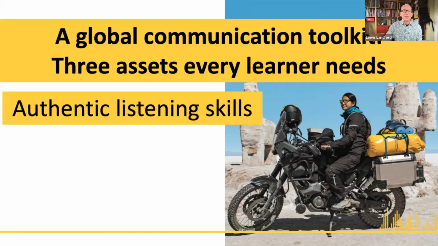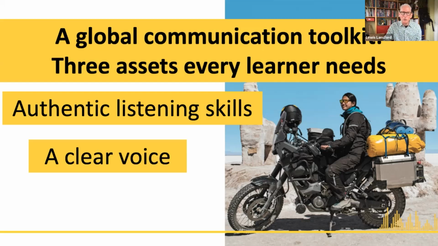And here we go. The first part of the webinar, I'll talk about authentic listening skills. I think everybody probably has some idea of what I mean by that, but we'll precisely define it or demonstrate it and discuss why that is the first skill or asset in my global communication toolkit. The second one is a clear voice, which is almost a poetic way of describing what I mean.